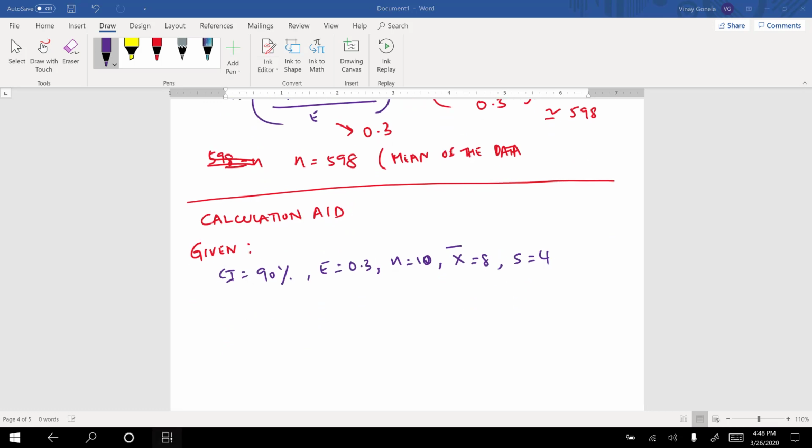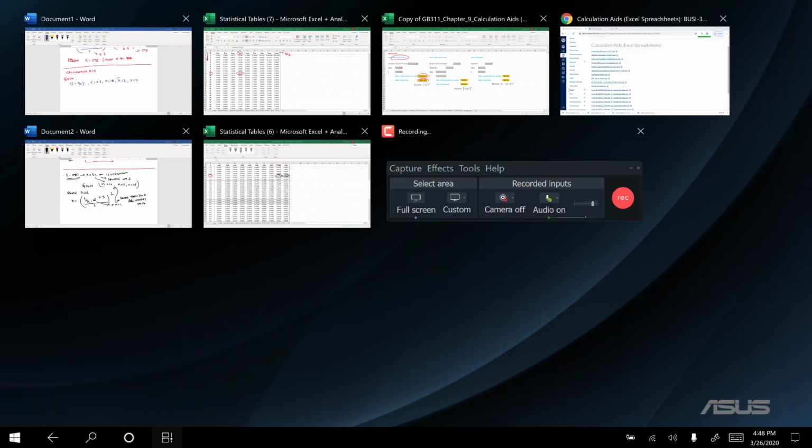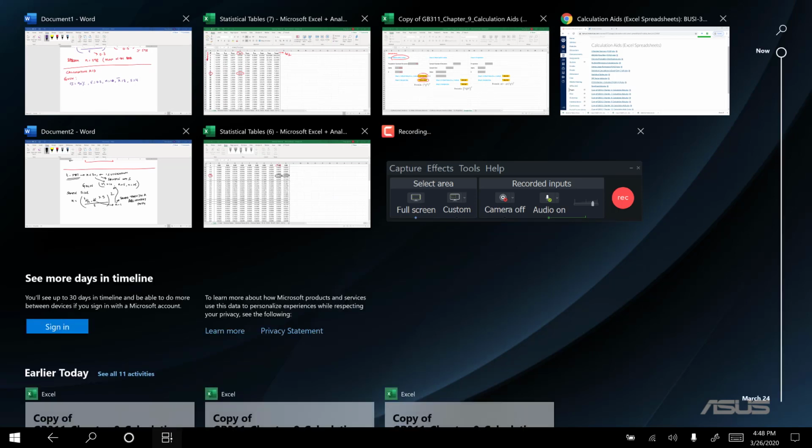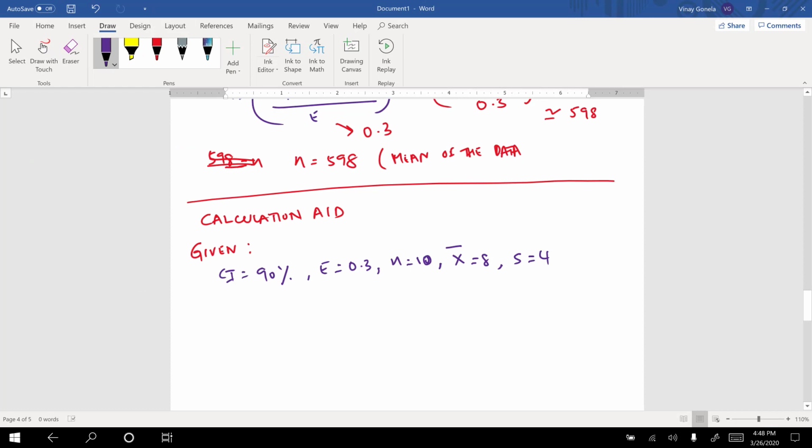The first thing is we have a sample size n less than 30, and our sigma is unknown, so we took a sample to get this value.